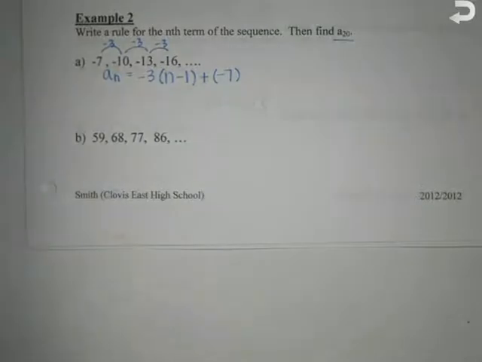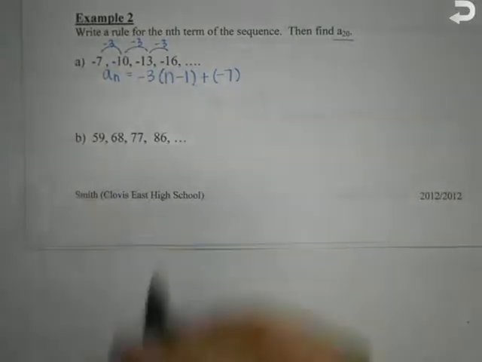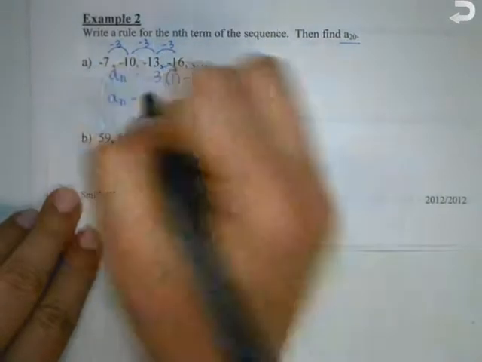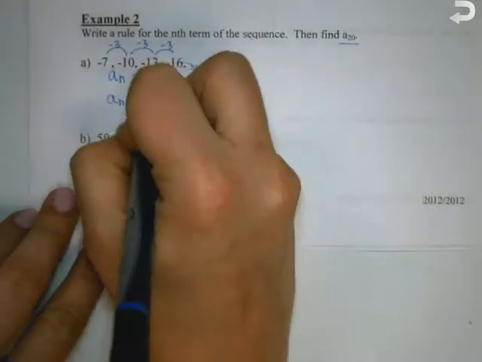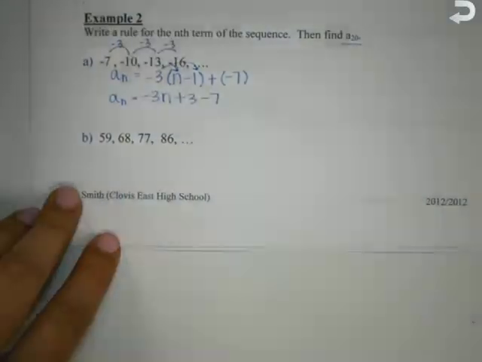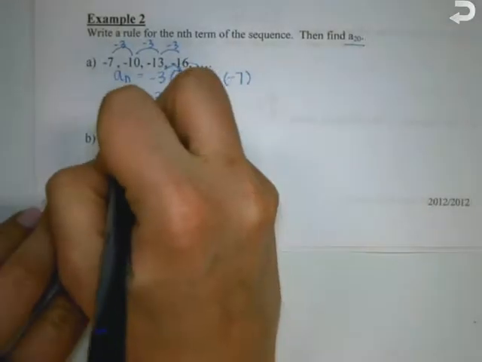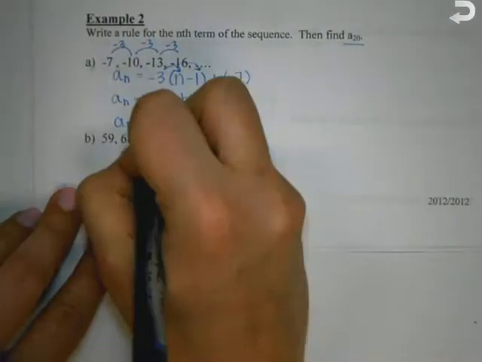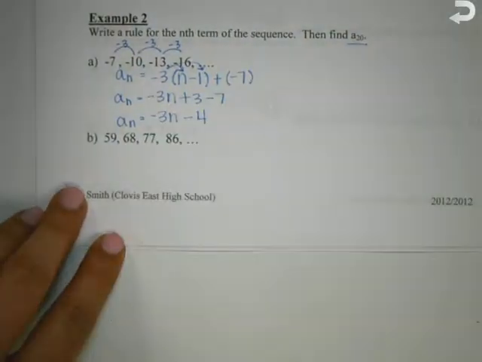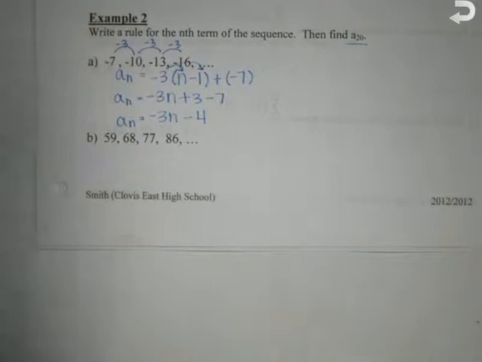Okay, so let's distribute. That's A sub n equals -3n plus 3 minus 7. So A sub n is equal to -3n minus 4. And that's the rule for the nth term.